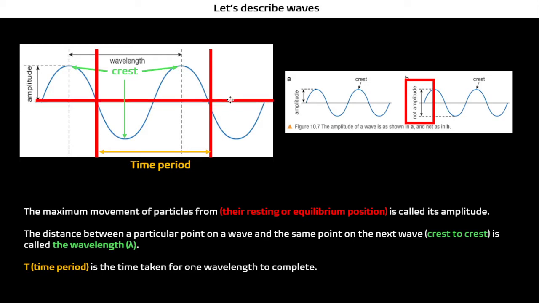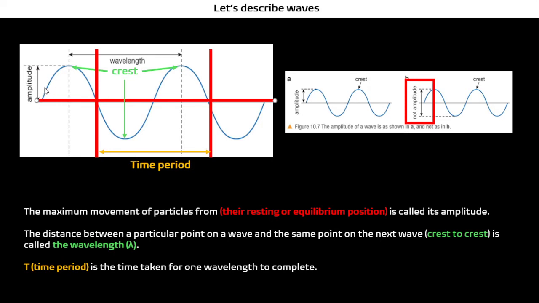If we don't say anything, if we don't produce a sound or any wave, it's going to be stationary. But once we begin to speak or produce a wave, it is going to create waves, as in the blue line that you can see here. And the maximum distance or maximum movement that these particles are going to move is called the amplitude.